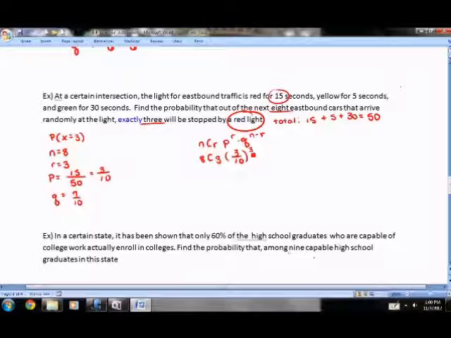And 3 of those cars are going to hit the red light, so it's 3 over 10 to the 3rd power, times your 7 over 10, which is the probability of it not happening, to the power of 5, for the other cars that do not hit the red light. So when you plug this into a calculator, you should get your 0.254, or in other words, you have a 25.4% chance that exactly 3 of the 8 cars will be stopped at this light.